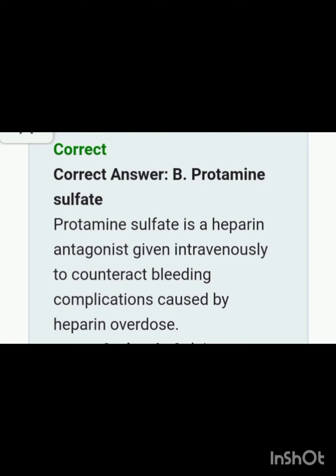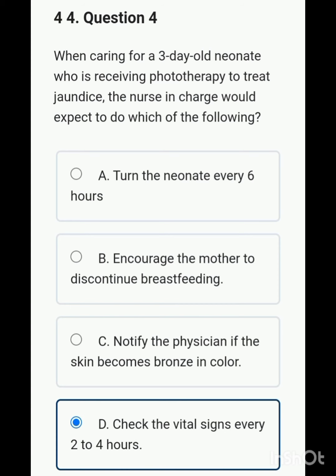What happens if heparin complications take place? The patient may overbleed. So there is a chance of hypovolemic shock. So to avoid this, in case of heparin complications, protamine sulfate is the prescribed drug to act against the heparin.